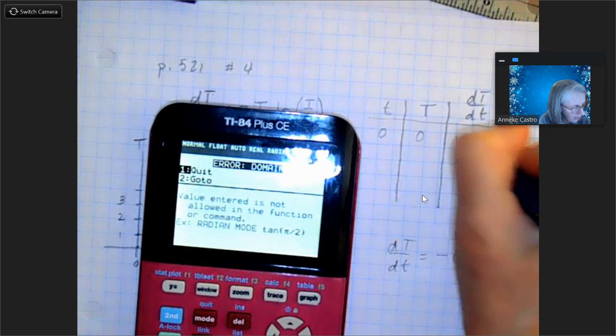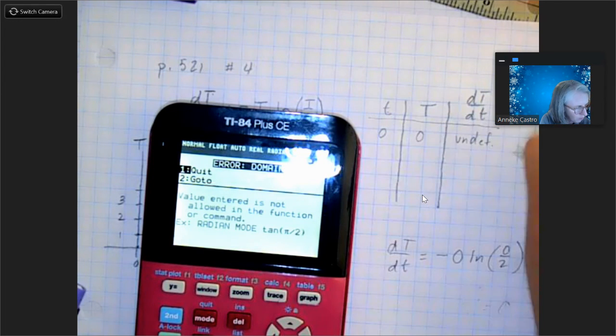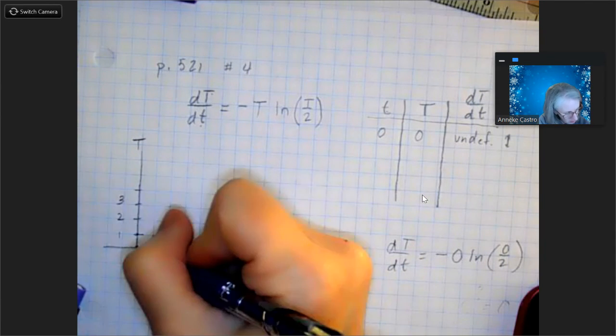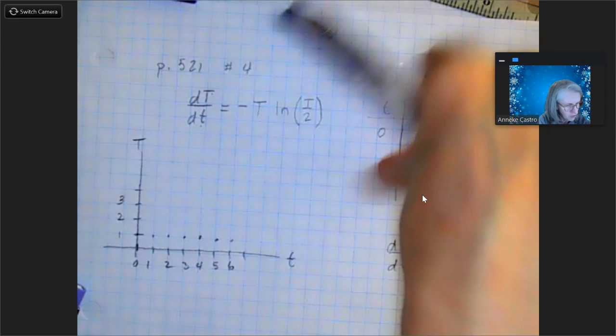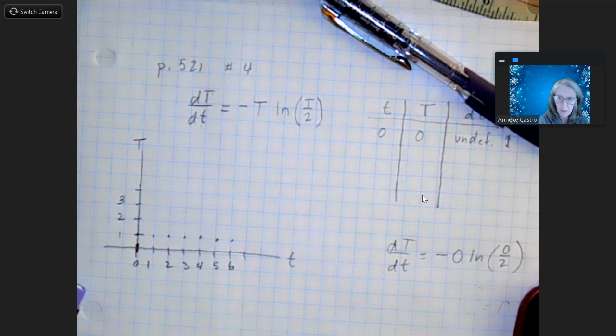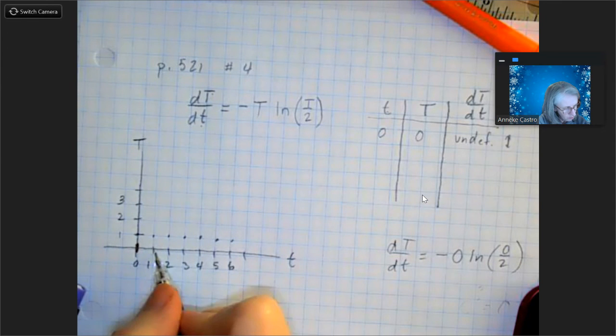What does an undefined slope look like? It's vertical. So at 0, 0, maybe I'll use a different color, I'm going to have a little tiny segment that is vertical because it has an undefined slope.